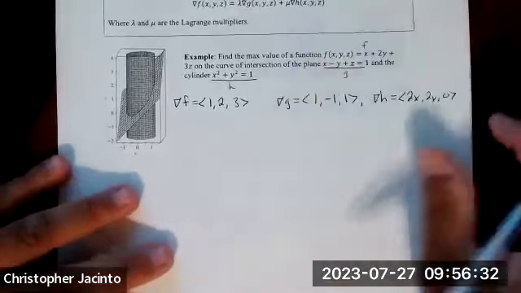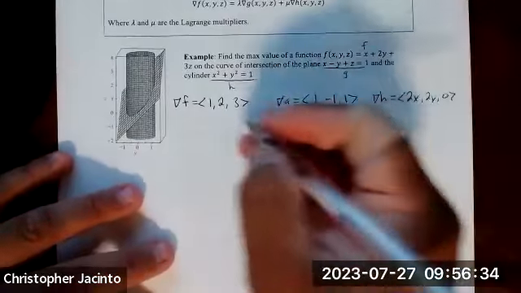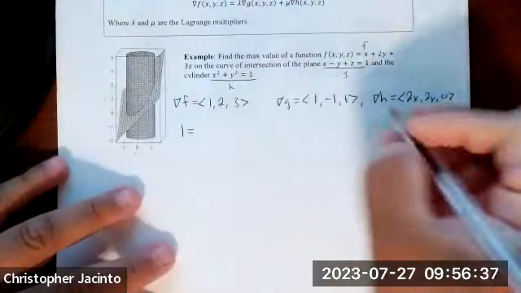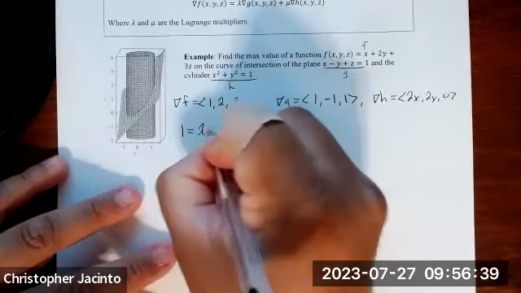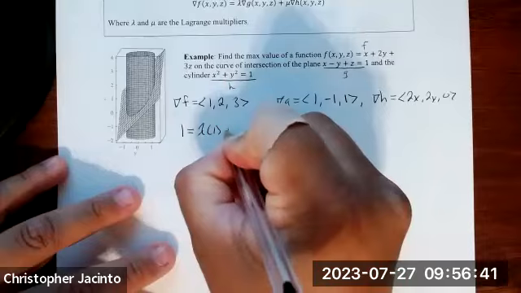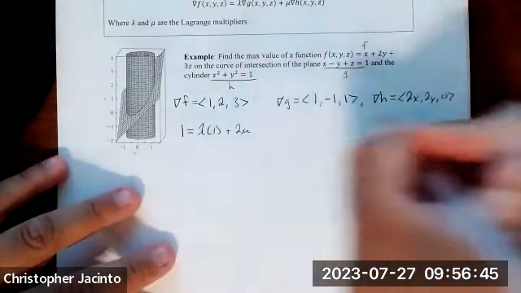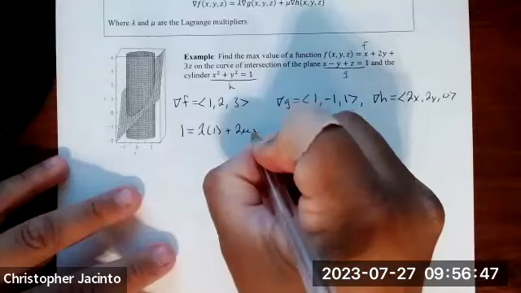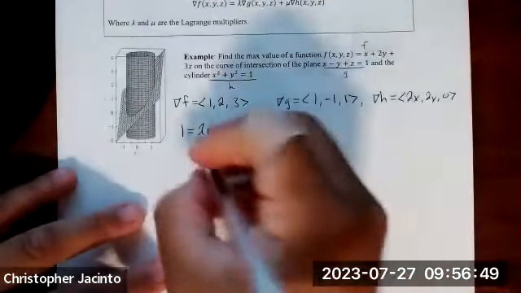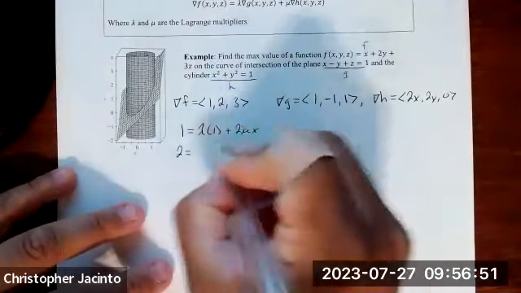Okay, so we're going to have 1 is equal to lambda times 1 plus 2 mu x. And then we keep going the same situation.